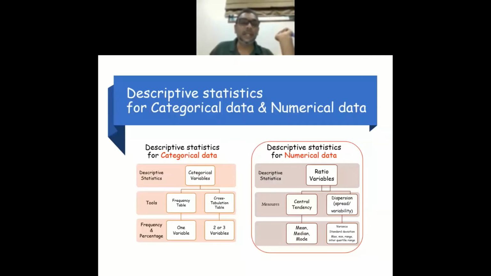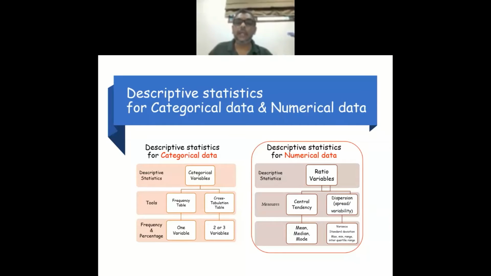All right. So now we continue with this slide here. What we are trying to look at is numerical data, which is over here on the right hand side. Today we are focusing on descriptive analysis for numerical data.